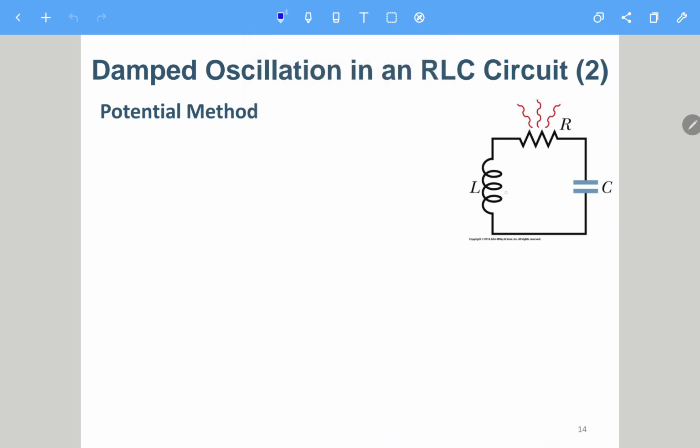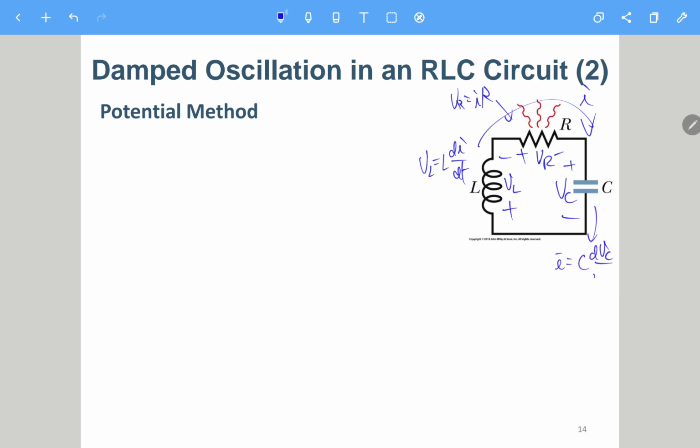Okay, so here we can define, this is VL from here to here, and then this is VR, this is plus minus, and then VC plus minus, and then I takes this direction. Okay, so all the things are positive, so VL equals L di dt, and then VR equals I times R, and for this one I equals C dVC dt.